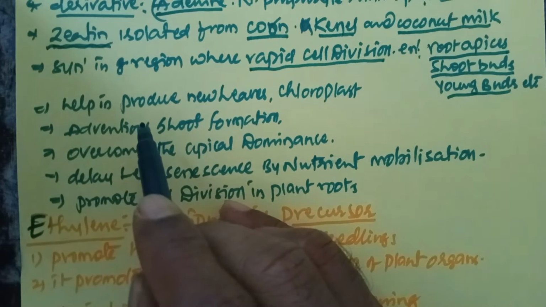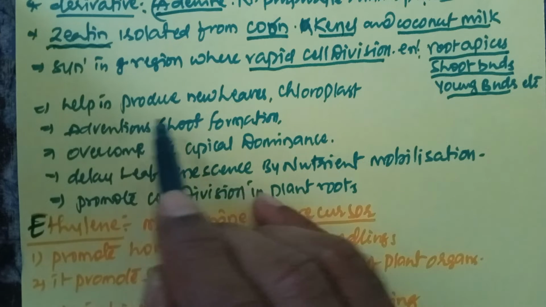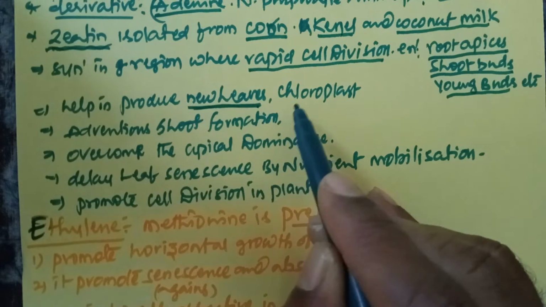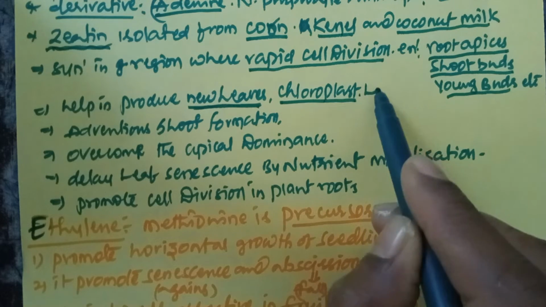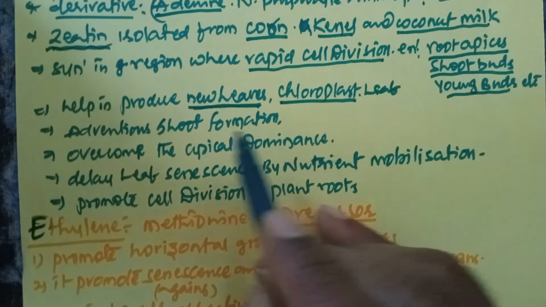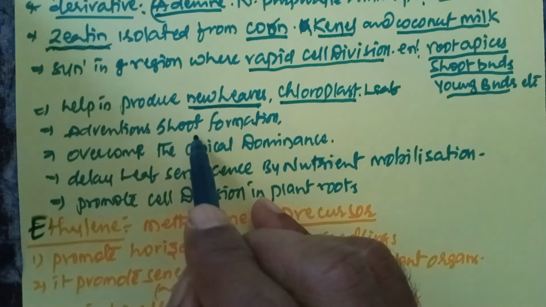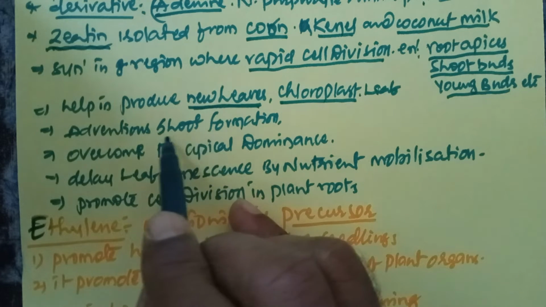When we observe the functions of cytokinins, mainly they help in production of younger leaves or new leaves, and also synthesis in the leaf. It also helps in formation of adventitious roots. Adventitious roots form in the shoot system.